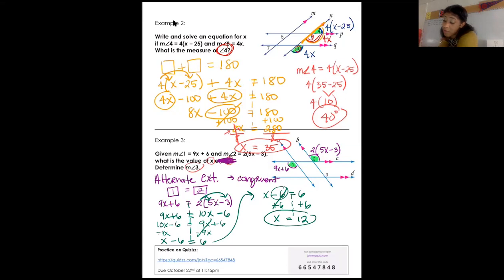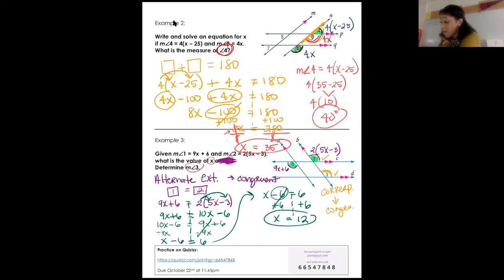Now I have to determine the measure of angle 3. Look at the picture, something's weird. 3, there's nothing there. How do I know? Well, we know that 2 and 3 are corresponding angles. Corresponding angles are congruent. They are the same.